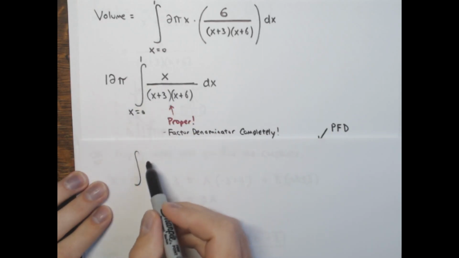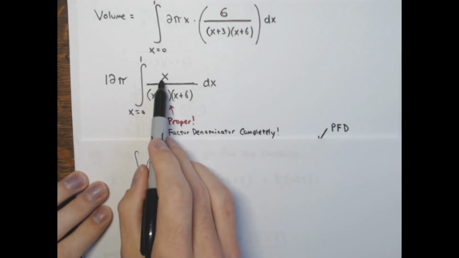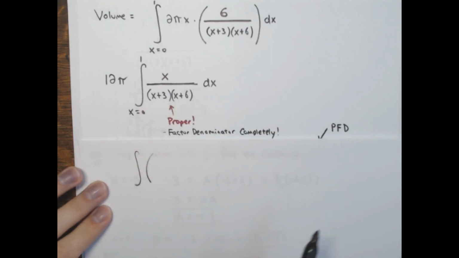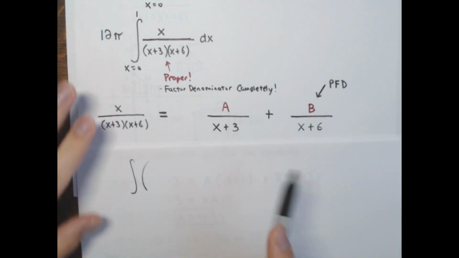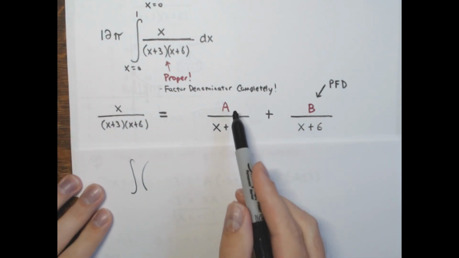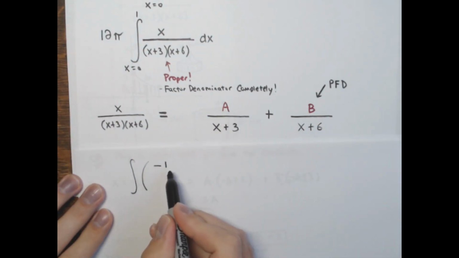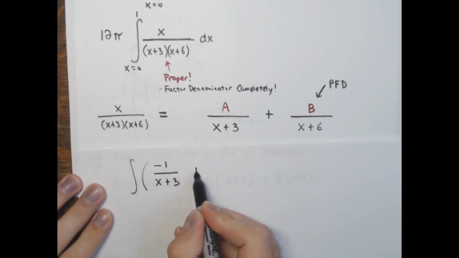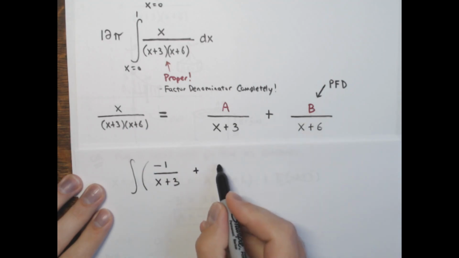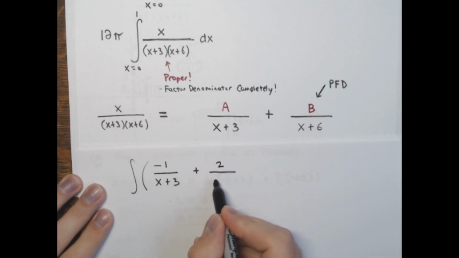So this fraction here, this x over x plus 3 times x plus 6, remember, now I'm writing it this way as this sum, where a is -1, so -1 over x plus 3, plus, and then b is +2 we saw, so 2 over x plus 6.